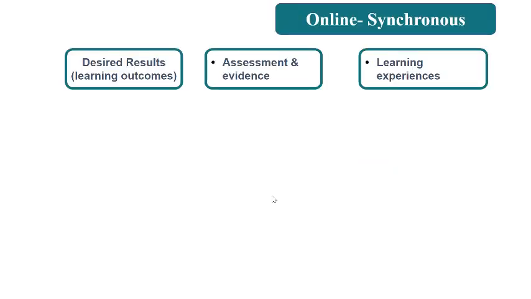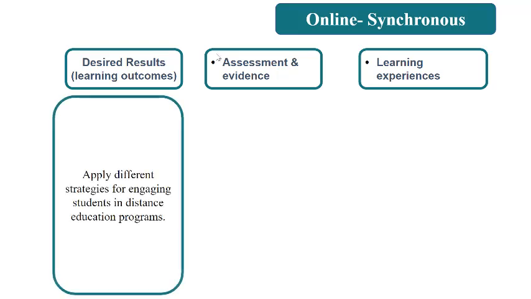And this is an example, a design for a fully online, synchronous course. Here I have the alignment of the desired result, or the learning outcomes, with the assessment evidence and the learning experience. Let's take an example. The desired result, for your online course, is to apply different strategies for engaging students in distance education programs.